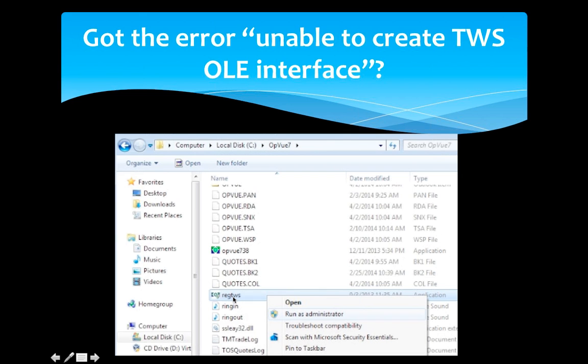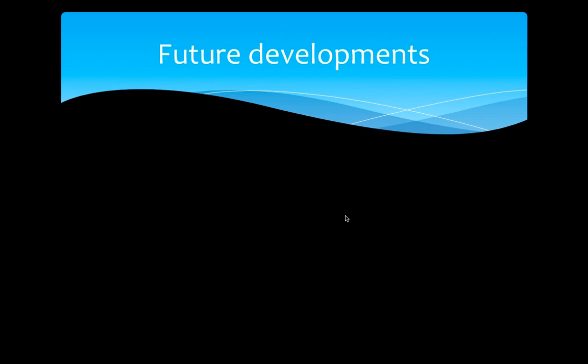So you right click, and then you select run as administrator, and the system will start to run the program. And as I said, you say no to run OptionVue immediately. But next step, you will be able to add your strikes, and it should work for you.